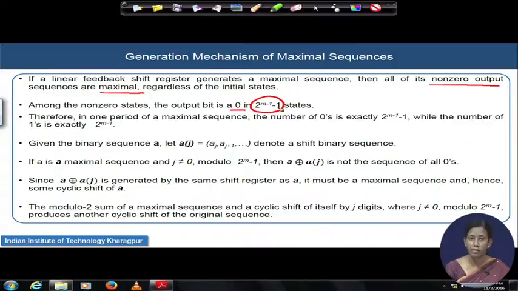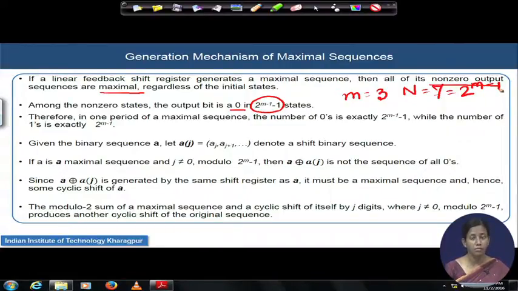Please go back and check the last module where we took the example of m equal to 3 and generated a sequence where N is equal to 7, which signifies 2 to the power m minus 1, and hence we can declare that the sequence we generated there was an ML sequence.